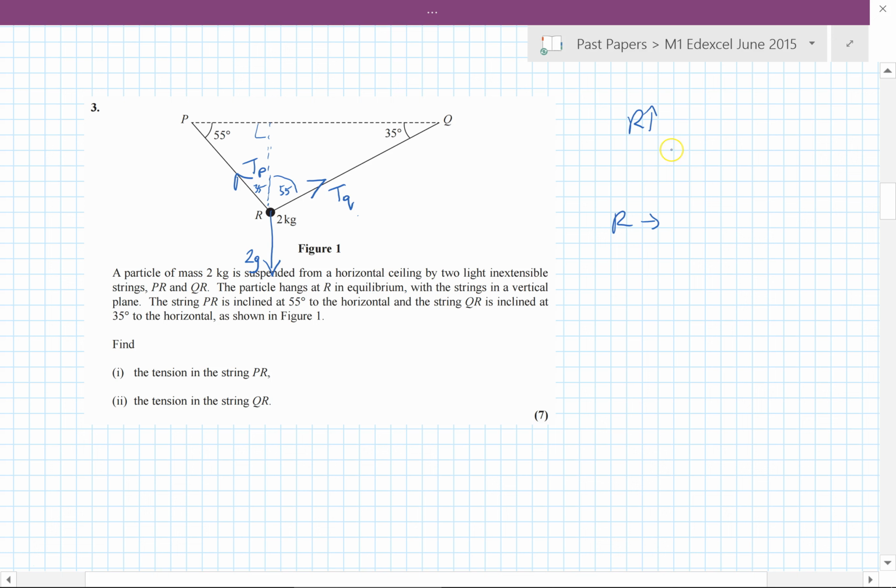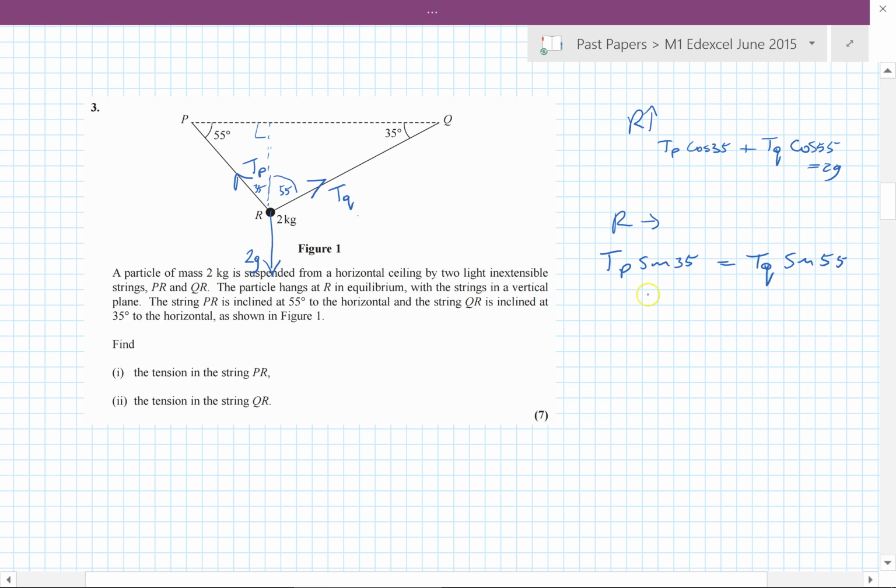We can resolve vertically and we get TP cos 35 plus TQ cos 55 is equal to 2g, and resolving horizontally, TP sin 35 is equal to TQ sin 55.